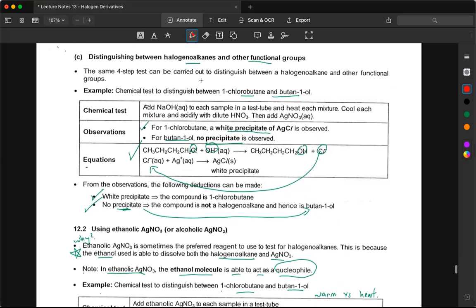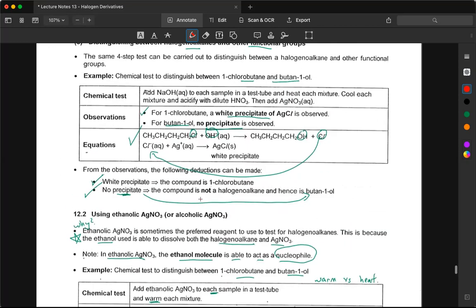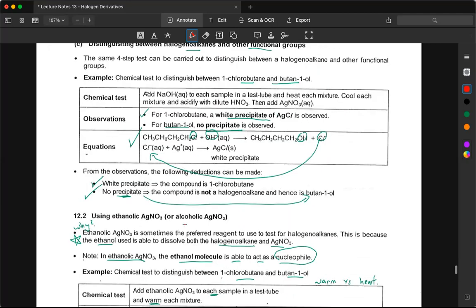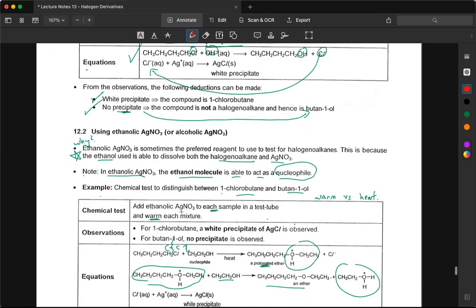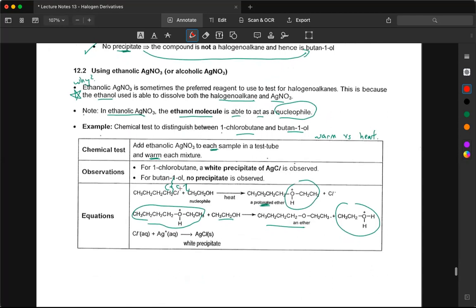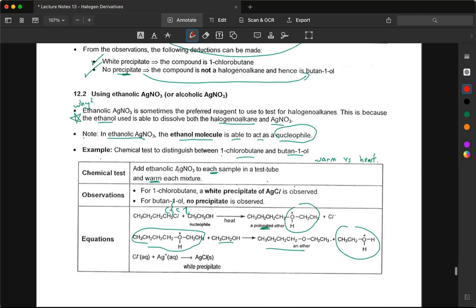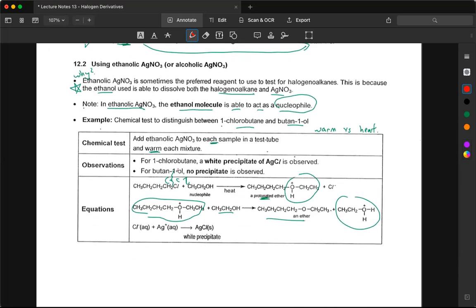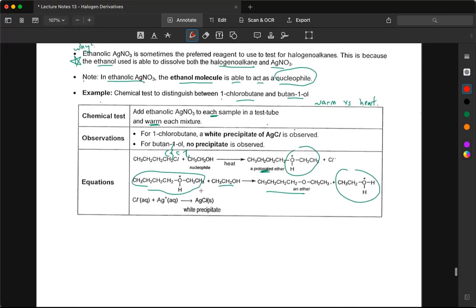So you can either use this method or use the sodium hydroxide and then acidify, which is very troublesome. This one is actually faster, with fewer steps involved. The observation will be similar, and the equations to represent the reactions will be as such.